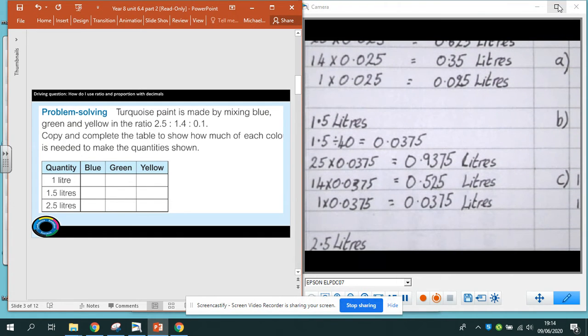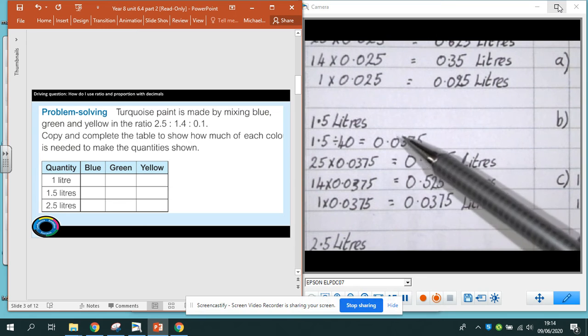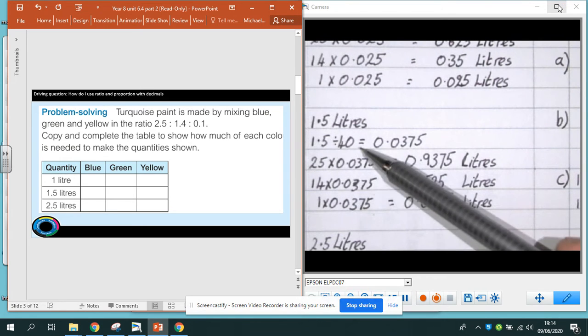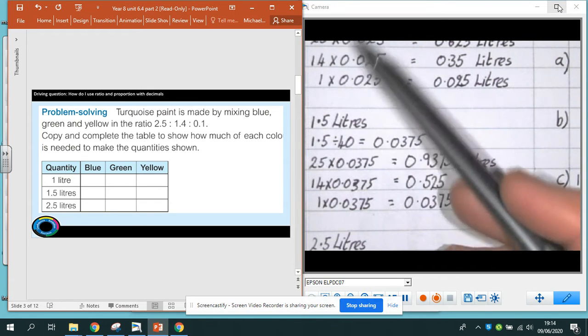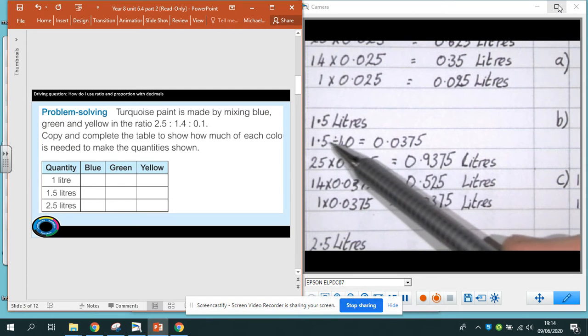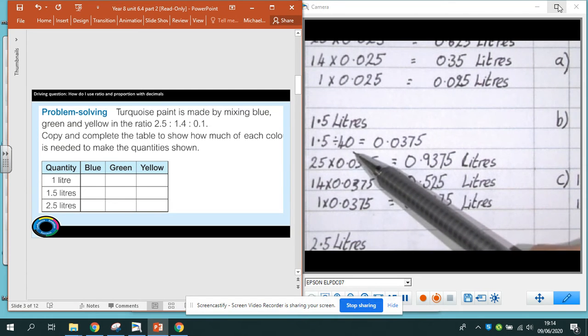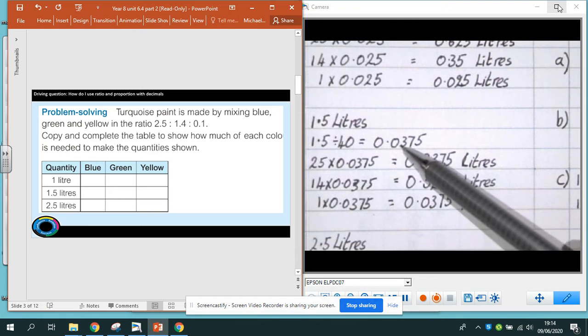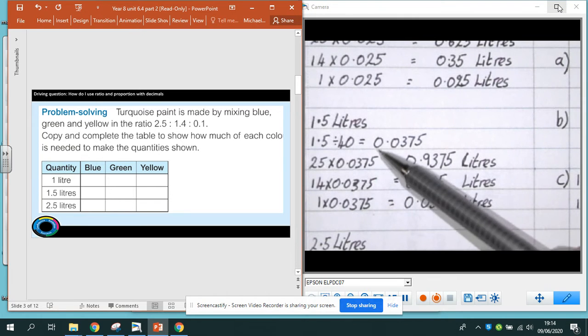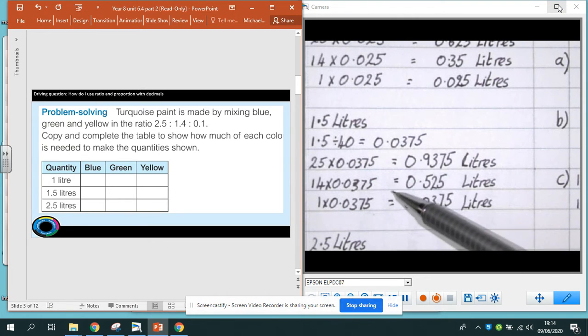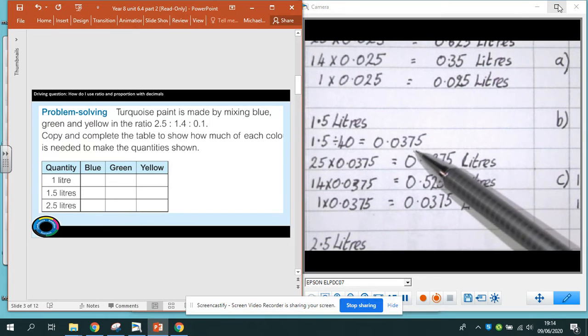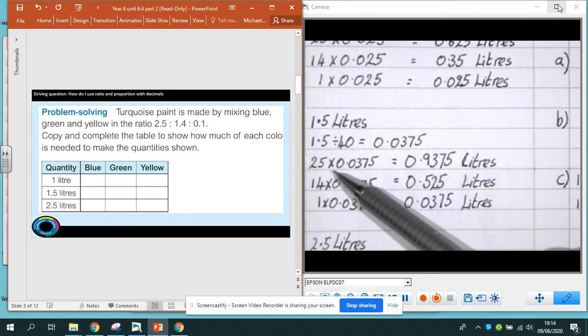Moving on to the next one. 1.5 divided by 40, because obviously the 40 is going to be the same in all of them. 1.5 divided by 40, the amount of litres divided by the number of shares, gives you 0.0375. So this is quite a small number. A very small number in fact.